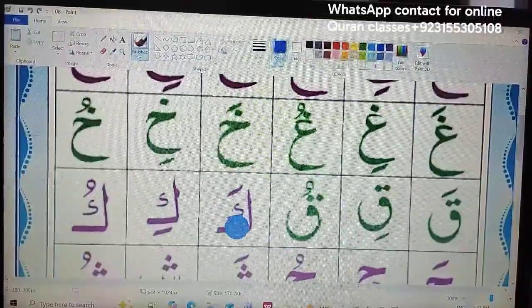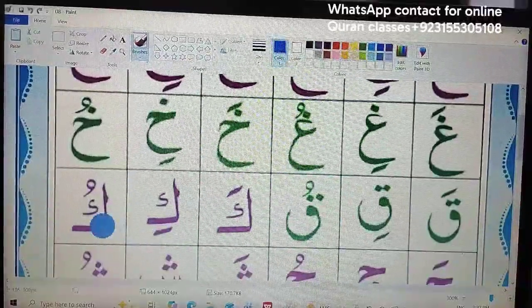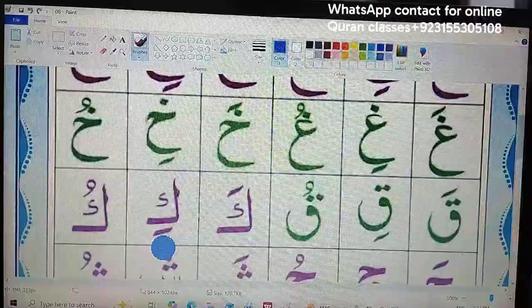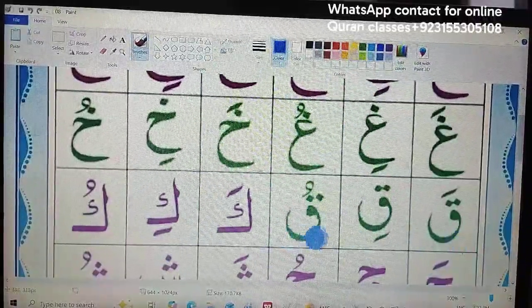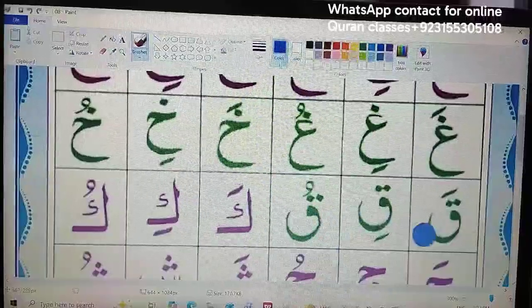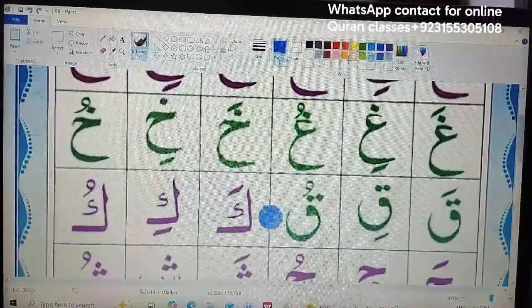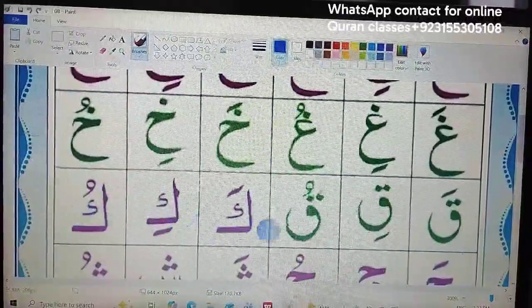Kaf, fatha, ka. Kaf, kasra, ki. Kaf, dhamma, ku. Now we read this line without spelling.